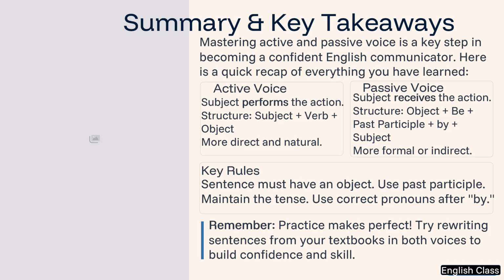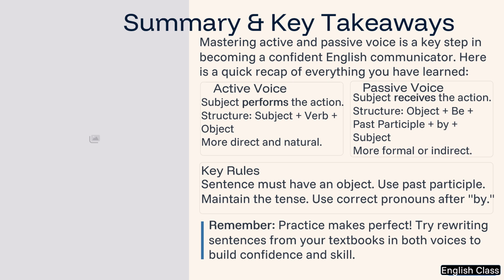For active voice, the subject performs the action and the structure is subject plus verb plus object. And it is more direct and natural. While in passive voice, the subject receives the action and the structure is object plus be plus past participle plus by plus subject. And in fact, it is more formal or indirect.